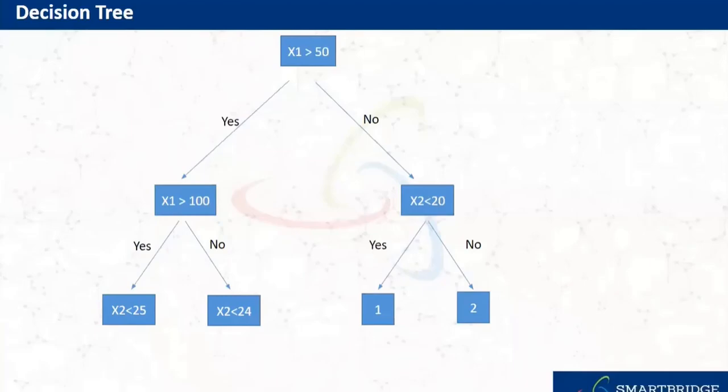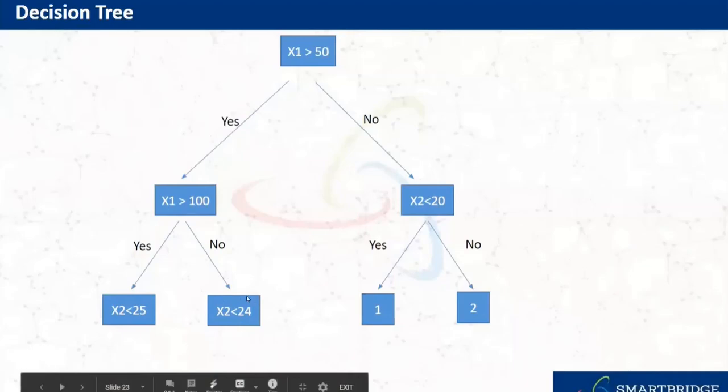First it will check the condition. Is x1 greater than 50? Yes. So it comes to the second decision. Is x1 greater than 100? No. It's equal to 100. So it becomes no. That means x2 less than 24. Here I have missed something.